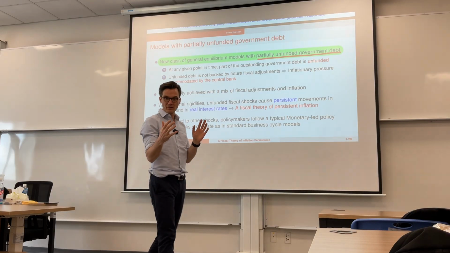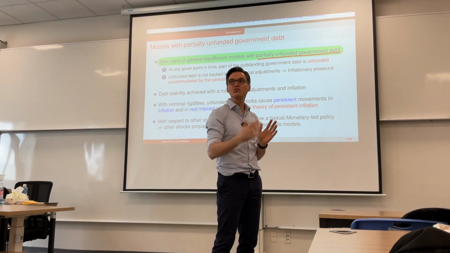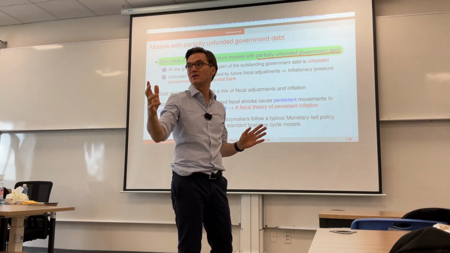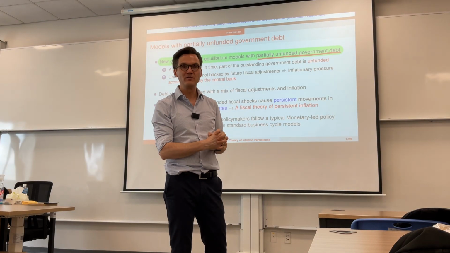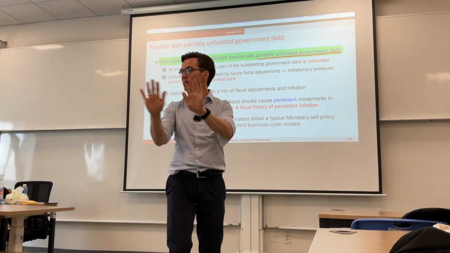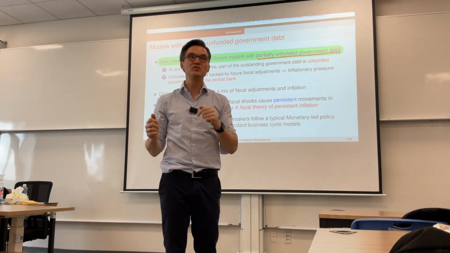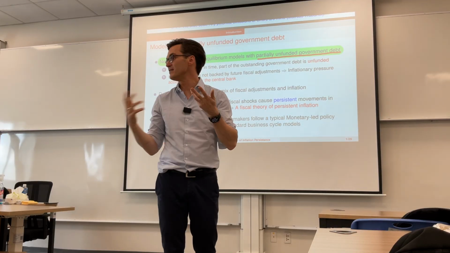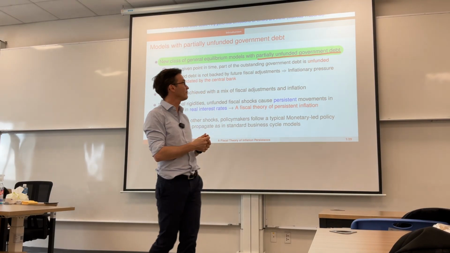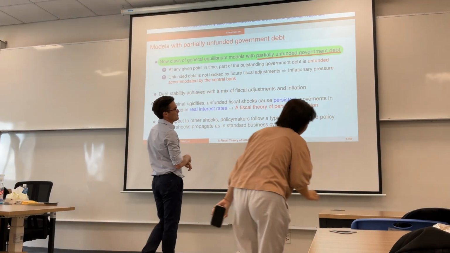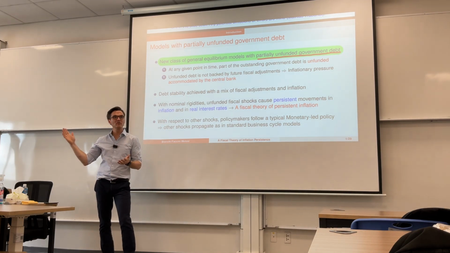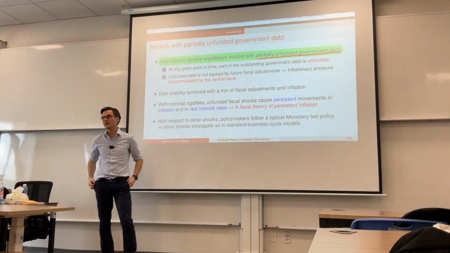Suppose the government in Vietnam wants to borrow 1 trillion and only has a plan to repay 500 billion Vietnamese dong. So only 50% of the debt is planned to be covered by higher taxes. Okay, that's the idea: the partially unfunded idea is that there is some amount of government debt that is not backed by future tax revenues or by future surpluses by the government.